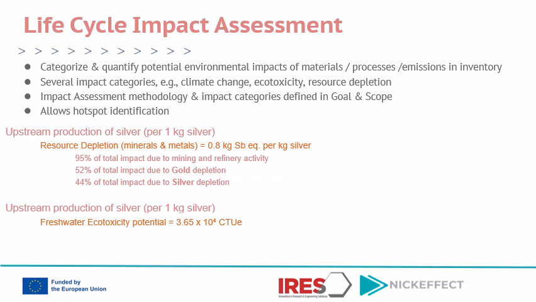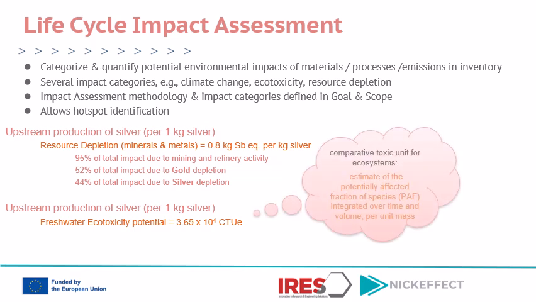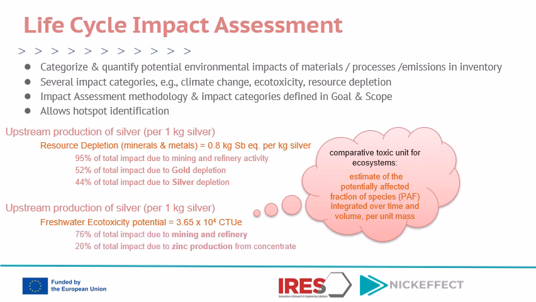Besides climate change and resource depletion, we can also look at other impact categories. In this case, I will show you the ecotoxicity potential impact of silver production. And we can again see which processes and which elementary flows contribute significantly to that. So the highest contribution is due to the mining and refinery of the silver.